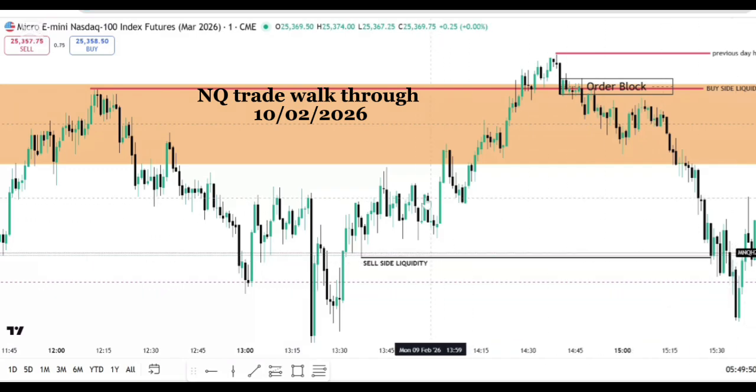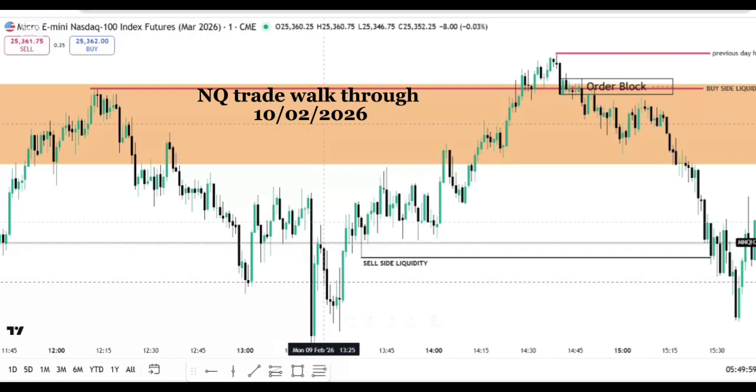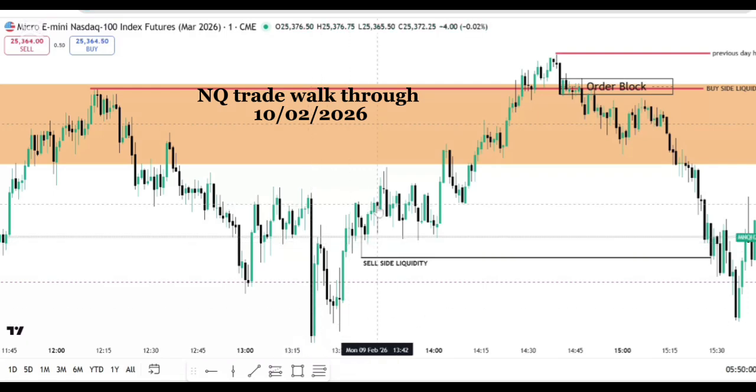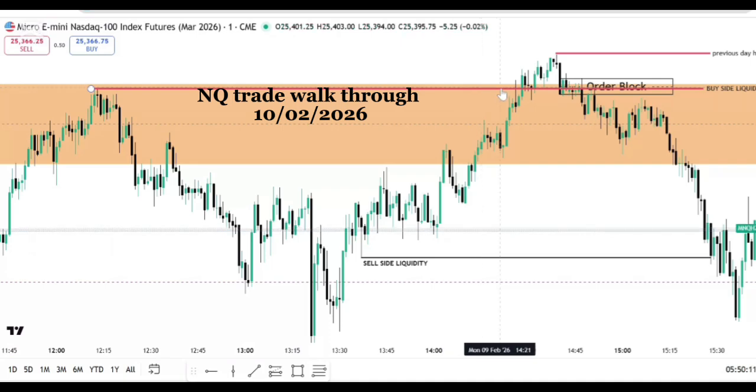So when I saw price here at 1320, it made a strike to the downside, and with all this, I knew that price would go up and reach this, run this buy side liquidity. After running this buy side liquidity, then there will be a reversal.